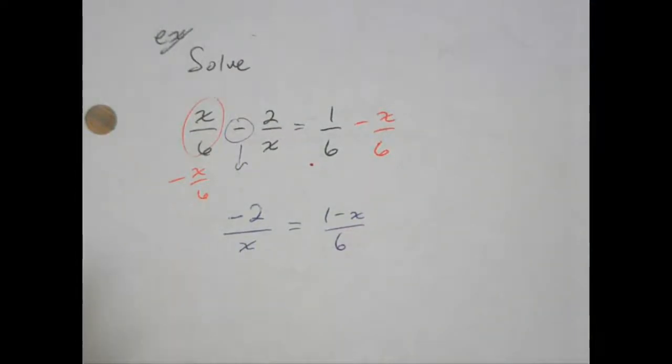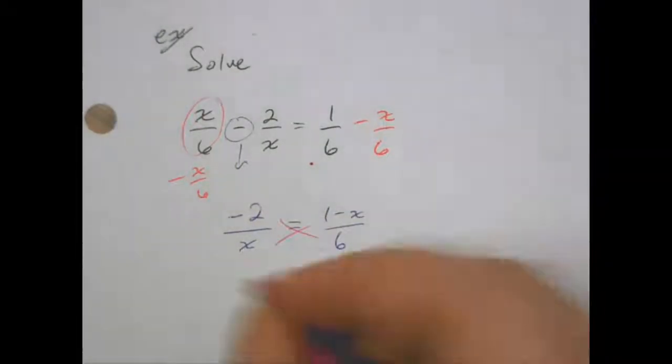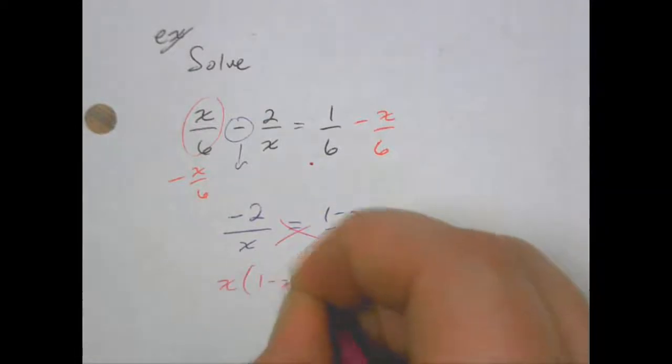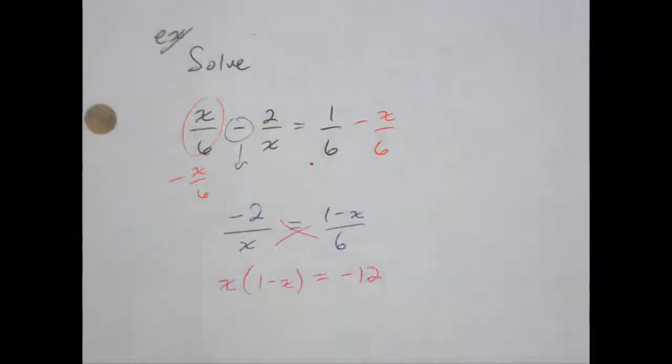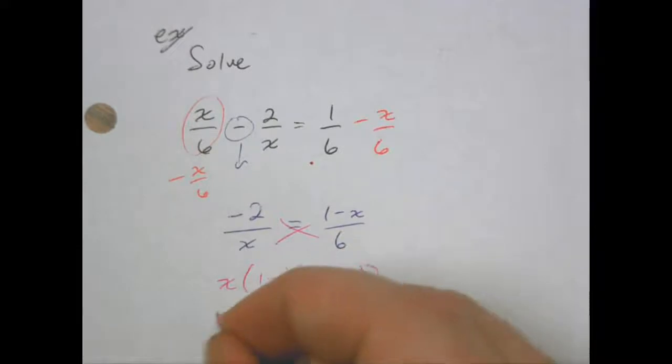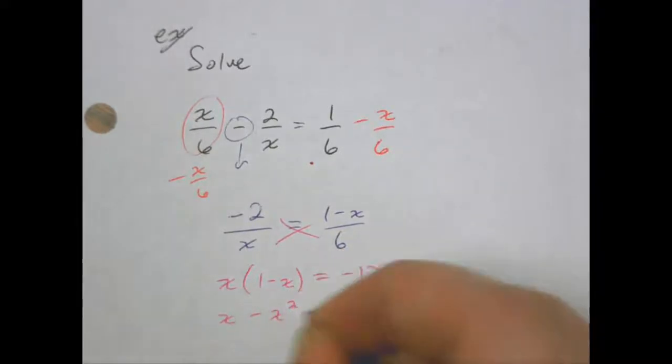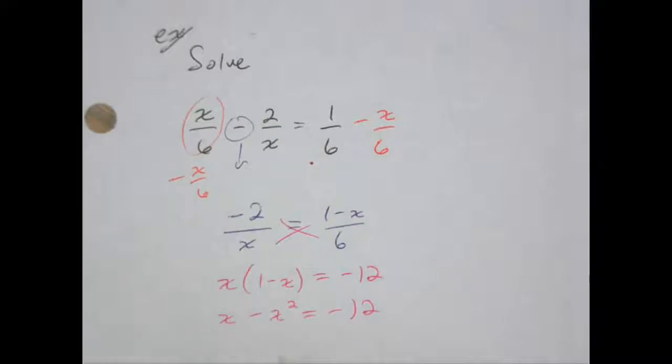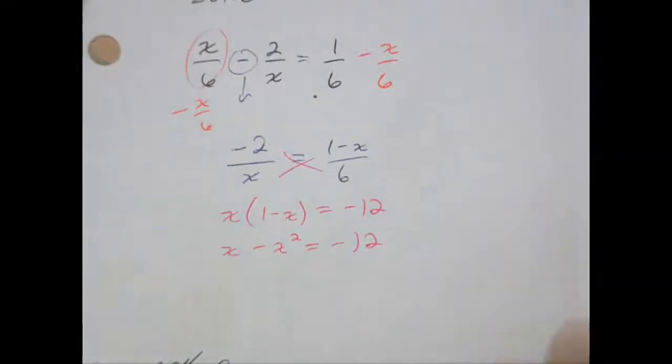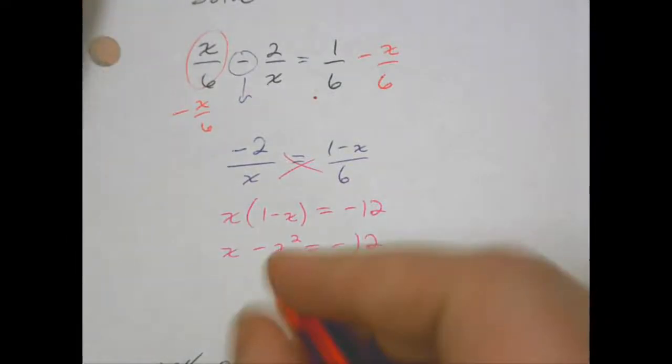So now that I have them set up as fractions, I can cross multiply. So I have x times 1 minus x equals negative 12. I will distribute this x throughout. So I have x minus x squared equals negative 12. Because I like to have positive x squareds, I'm going to move both of these to the other side of the equation.